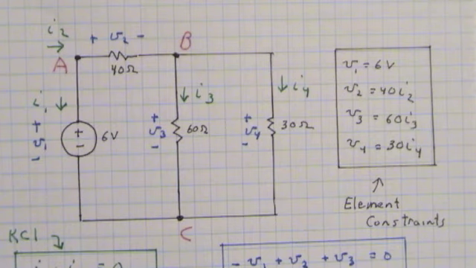But regardless of what methods we use as we go on, let's remember that all of them, whatever their name, go back to the foundation concepts of element constraints and connection constraints. KCL, KVL, and element constraints are the foundation of what we use in circuit analysis.